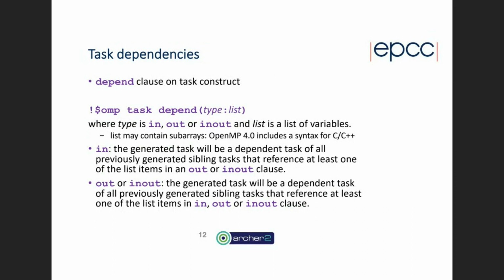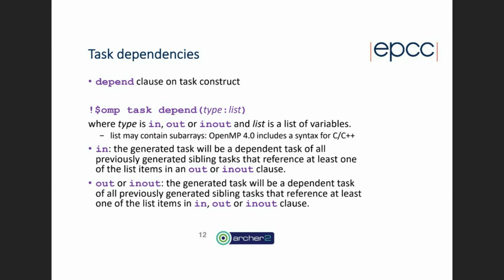Another interesting one is task dependencies. This is a way of allowing you to specify ordering constraints between tasks. Otherwise, unless we have some synchronization point, normal tasks are assumed to be all executable in parallel.